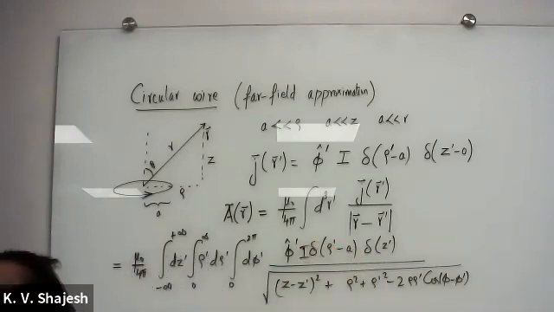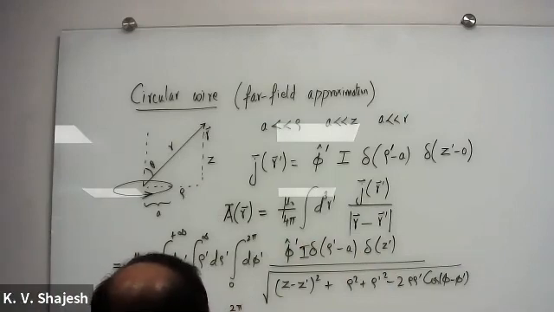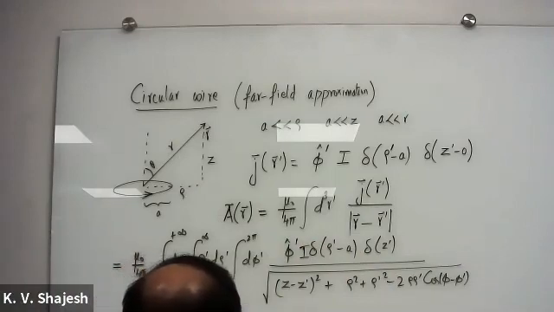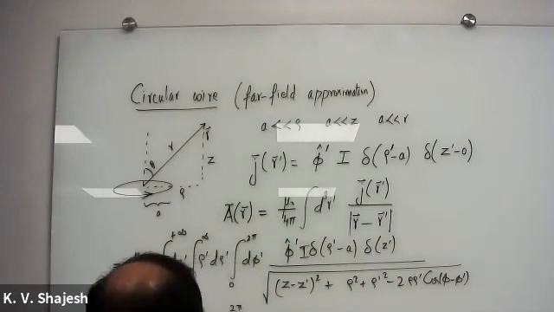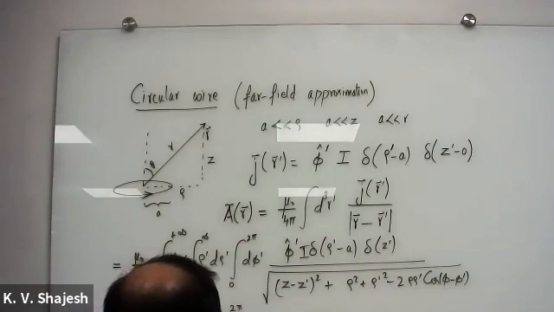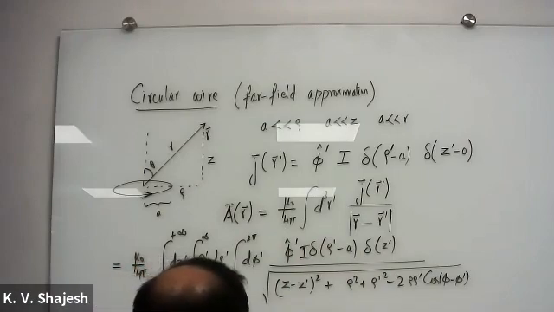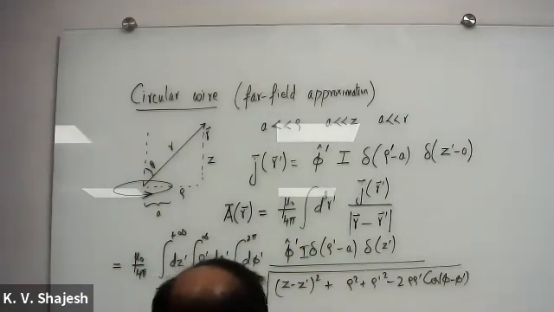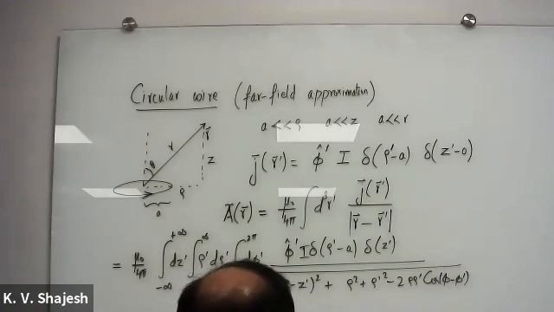I have the integral from 0 to 2 pi of d phi prime, with phi prime in the numerator, divided by z squared plus rho squared plus a squared minus 2 a rho times cosine of phi minus phi prime.